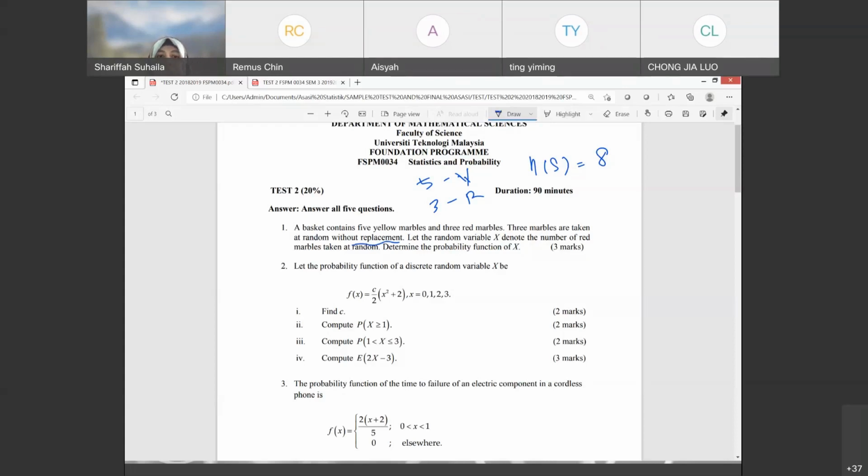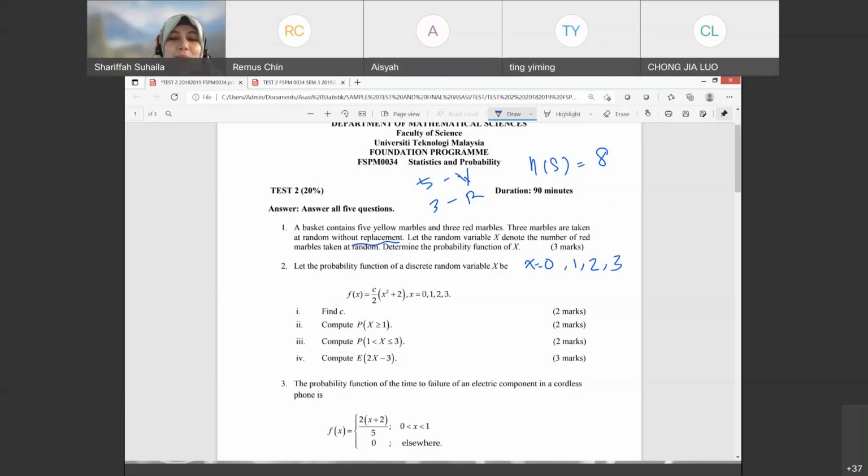Again, you will have either 0, 1, 2, or 3, meaning no red marble, only 1 red marble, 2 red marbles, and 3 red marbles. Now what you need to find is the probability of x equals 0, x equals 1, x equals 2, and x equals 3. It's up to you how you want to solve this one.